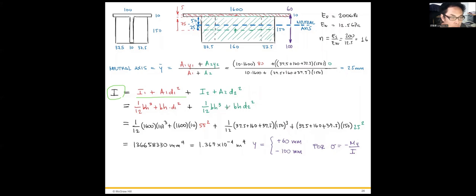Then we can calculate the distance from the neutral axis to the top surface, which is 60 millimeters, and the distance from the neutral axis to the bottom surface, which is 100 millimeters. And we use the bending stress to calculate the compression and the tension on the top and the bottom surface.